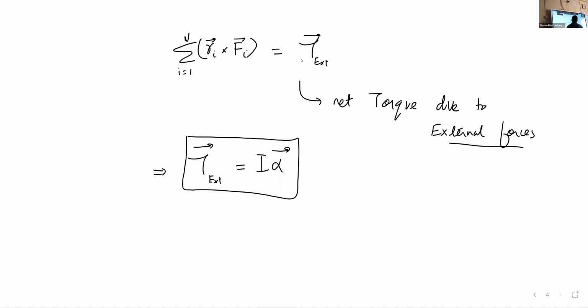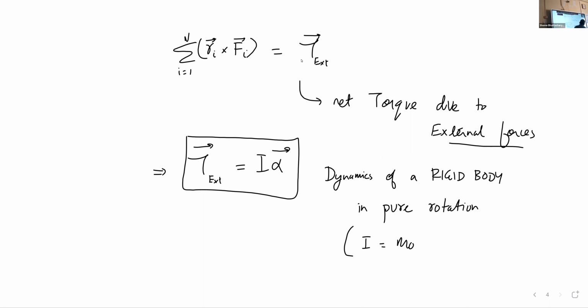So this is the dynamics of a rigid body in pure rotation, where I is the moment of inertia about that particular fixed axis.